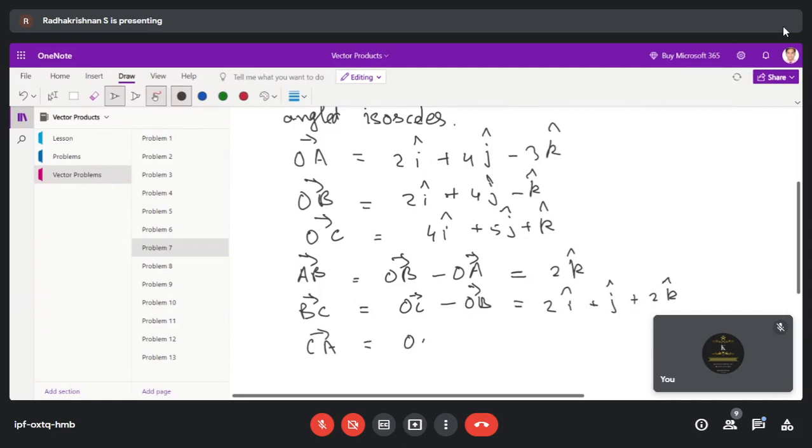CA equal to OA minus OC, that is minus 2i plus 2i cap minus 4k cap. Okay, so everything is minus here.